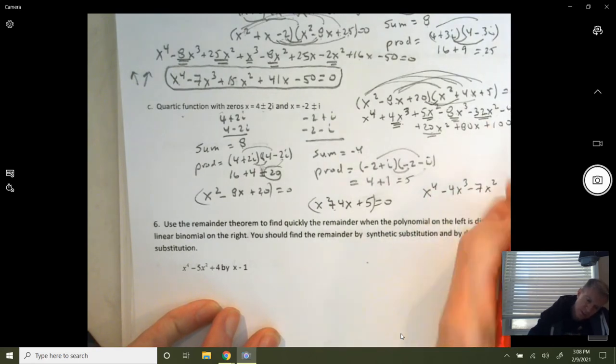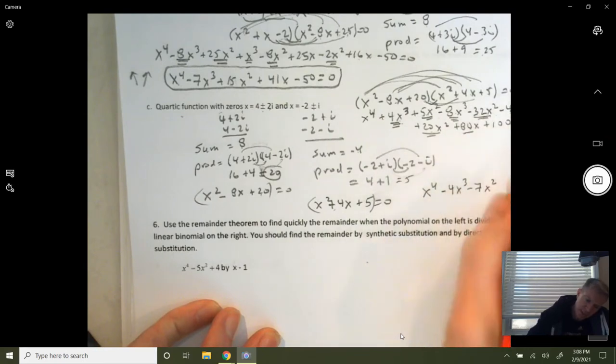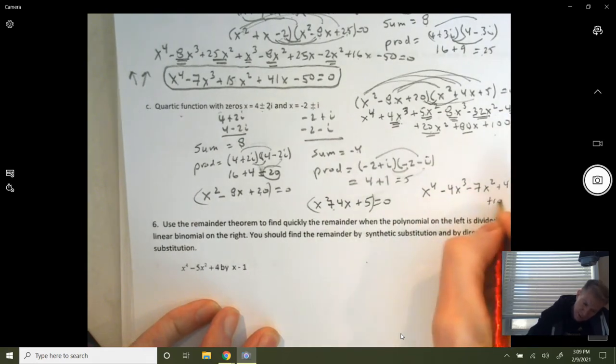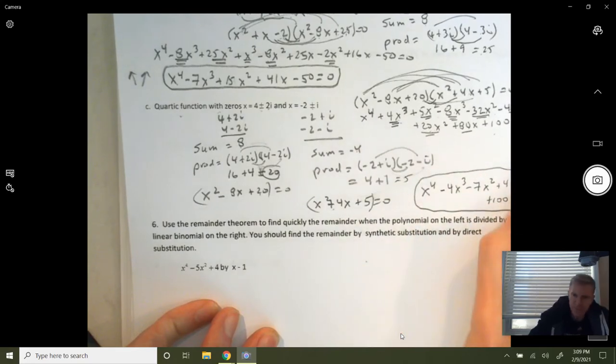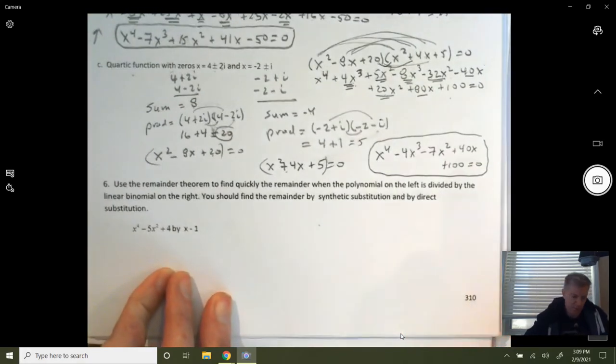That looks right. And then I've got 80x minus 40x gives me plus 40x, then plus 100 equal to 0. Okay. I'm out of space a little bit there.